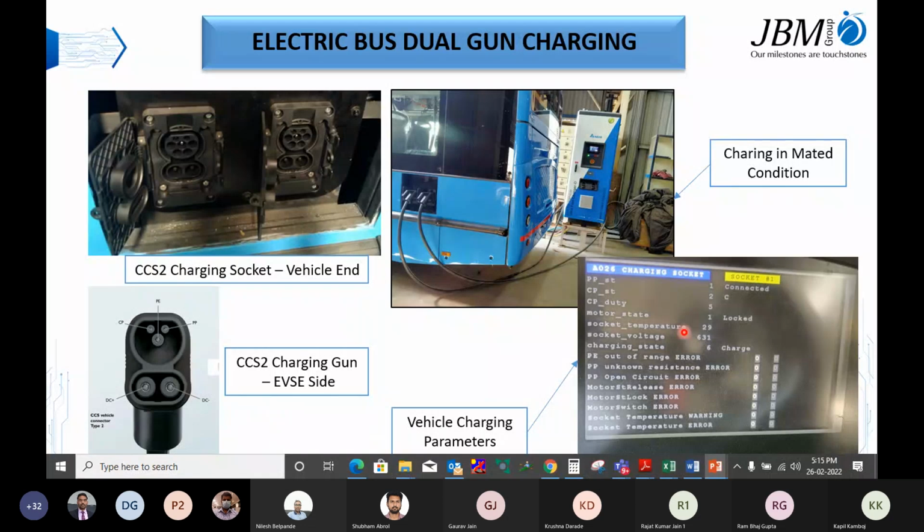If there is very high voltage in the charger, like the charger is giving more than 700 volt, because the charger is 1000 volt rated, so if by any chance the charger gives 1000 volt or 800 volt, and it is beyond our limit, like the battery needs 620 volt plus minus 20, the contactors will not be closed by the bus. So we will protect the vehicle from high voltage.